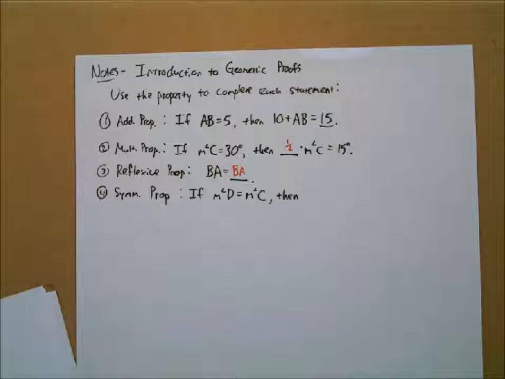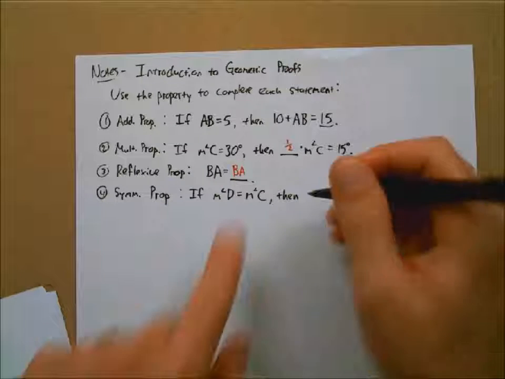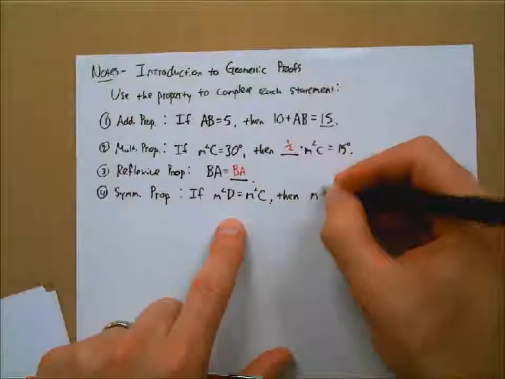If the measure of angle D equals the measure of angle C, what would we then state using the symmetric property? The measure of angle C would equal the measure of angle D. Exactly right.